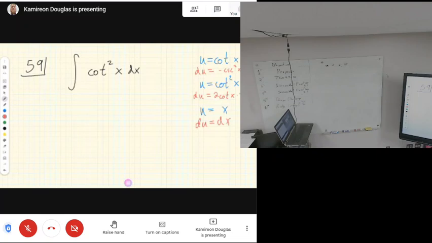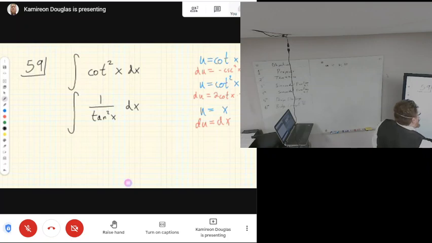Do you want to rewrite this problem? I think that's a smart move. So how would I rewrite cotangent squared? Go to our trick sheets. Can we convert it to sine and cosine? So we have 1 over... Could try that as well.